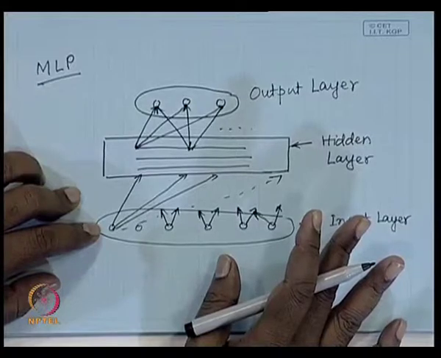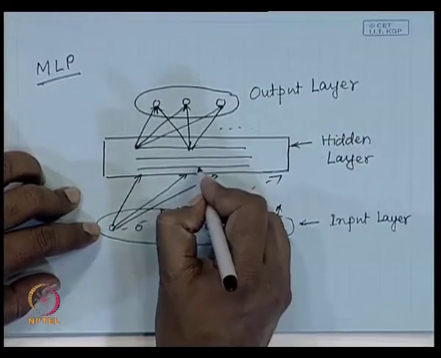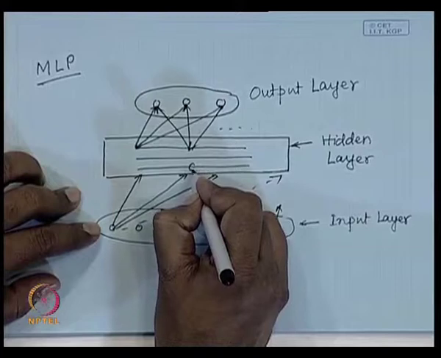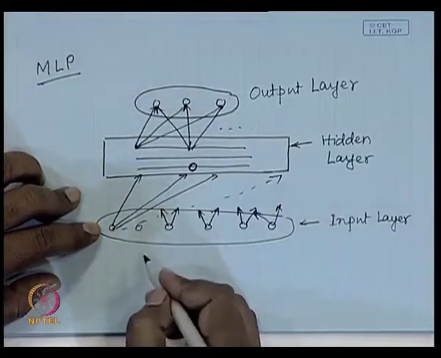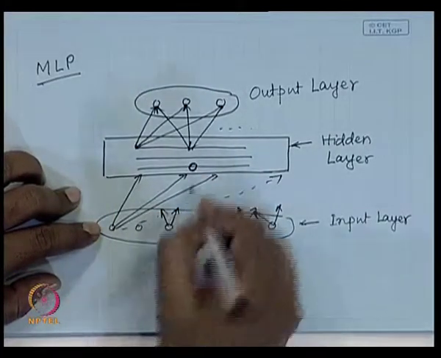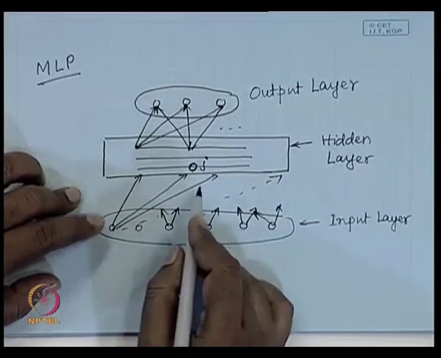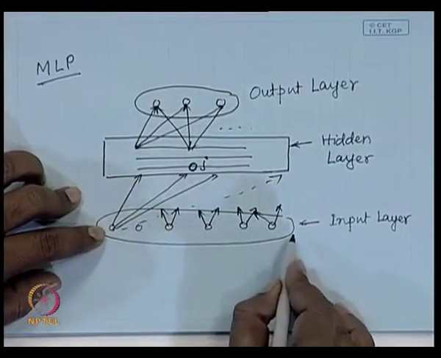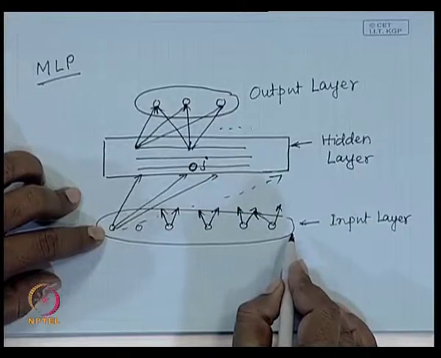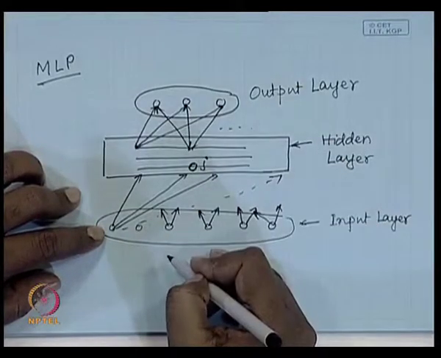So, when I take any node, let us say the jth node, it gets connections from every node in the ith layer, or every node in the previous layer.